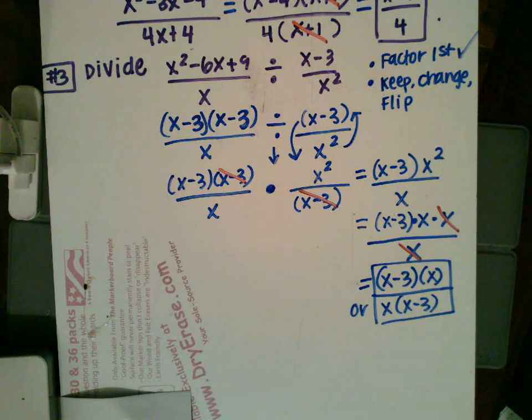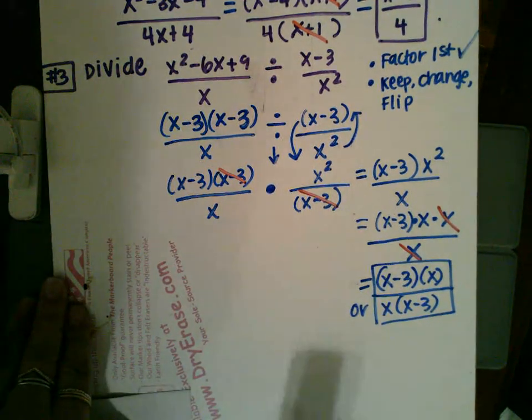So let's talk about question number 4. Question number 4 wants us to add rational expressions together. So I'm going to erase everything on this whiteboard and rewrite the addition problem. If you need to pause the video, take a note, make sure you have everything written down, please feel free to do so at this time.